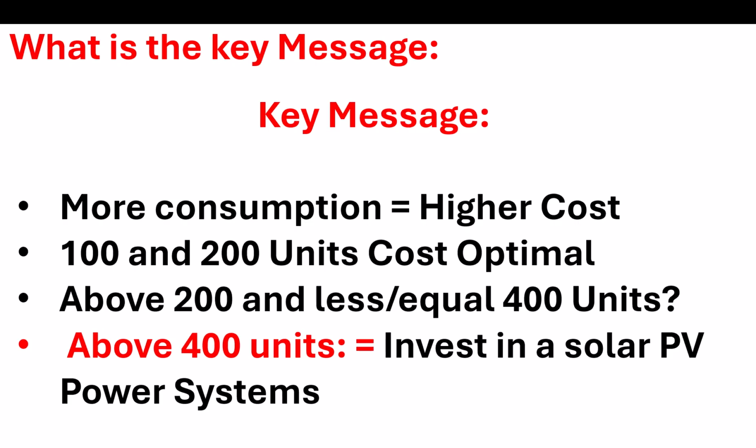Above 200 units or less than or equal to 400 units, that depends on you. But when you hit 400 and go up, the message is invest in a solar PV system for you to actually manage, or invest in something to lower yourself to 100 and 200 units.